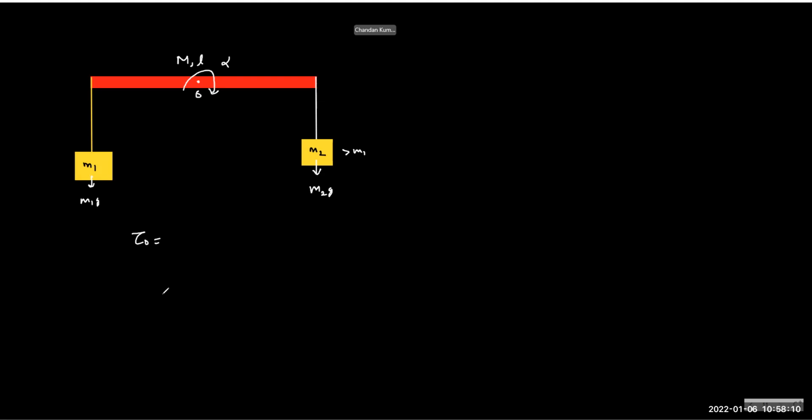M2 L by 2 minus M1 L by 2. I'm asking the torque of the external force on the rod, I mean the system.